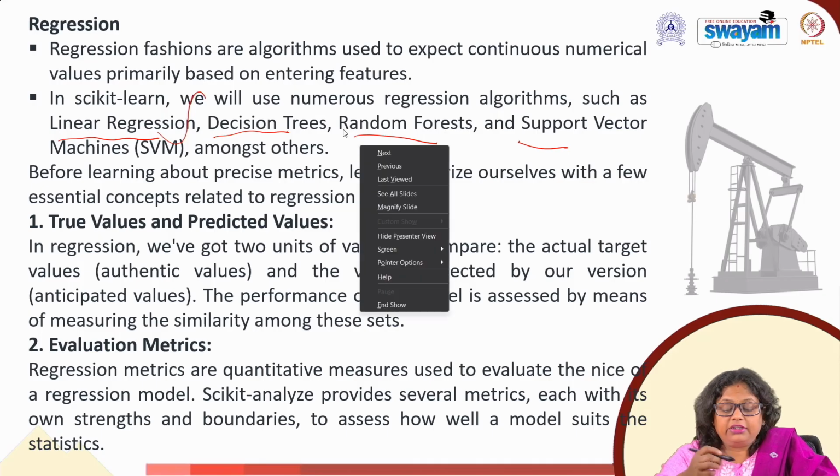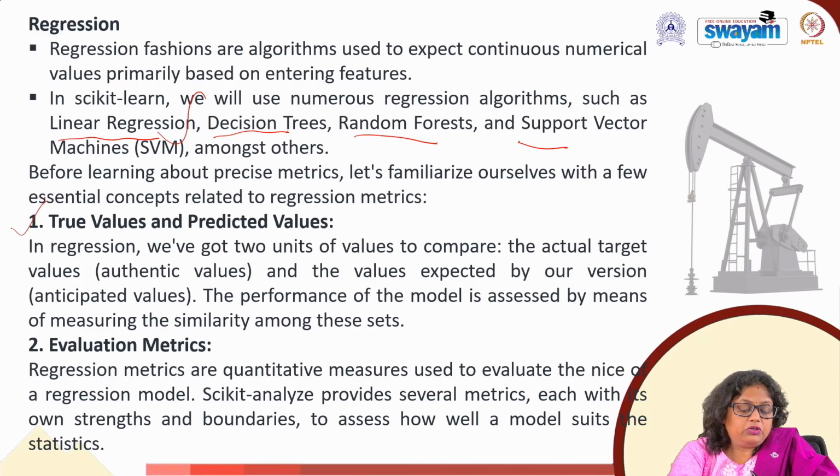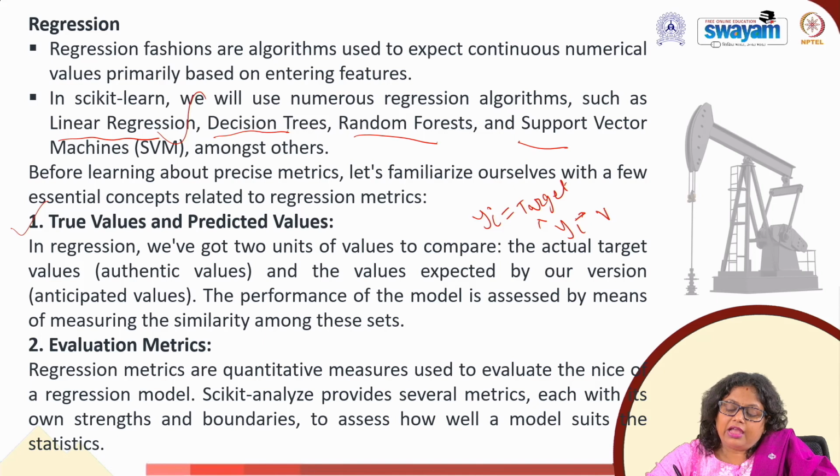Before entering the regression metrics, we have to know the true values and predicted values. In the last class I discussed that yi is our target, and then we have yi hat, the value predicted from the regression line or best fit line.